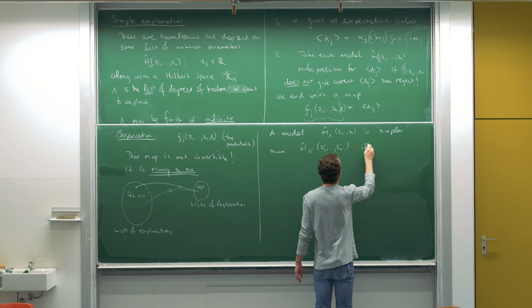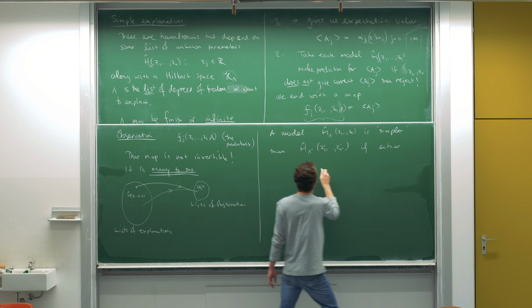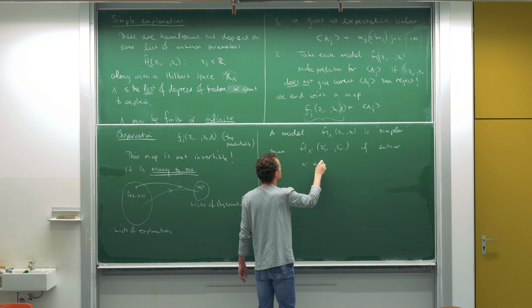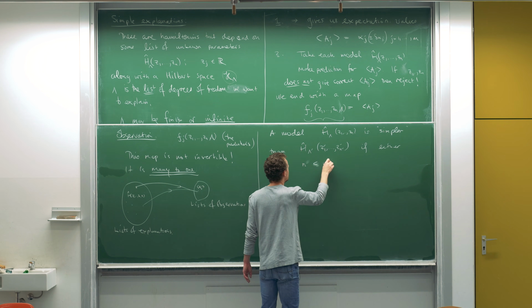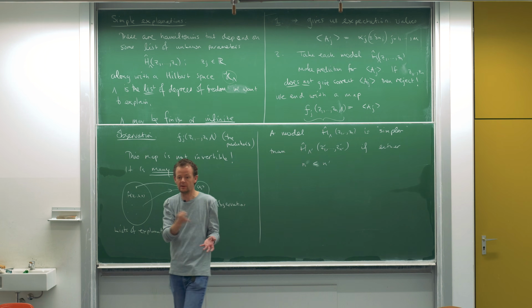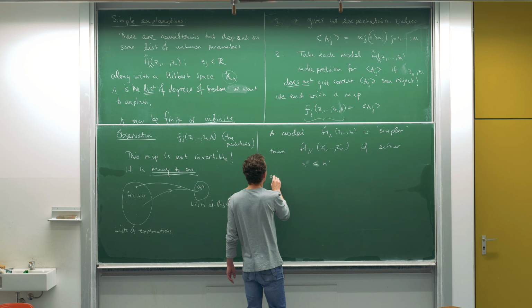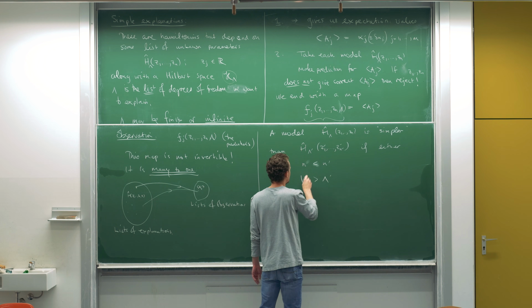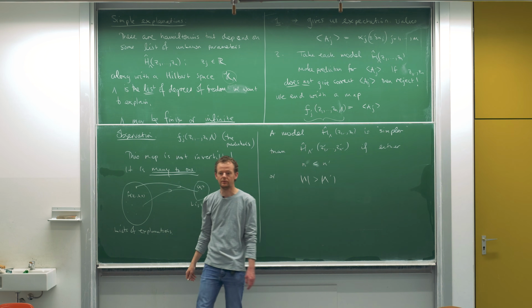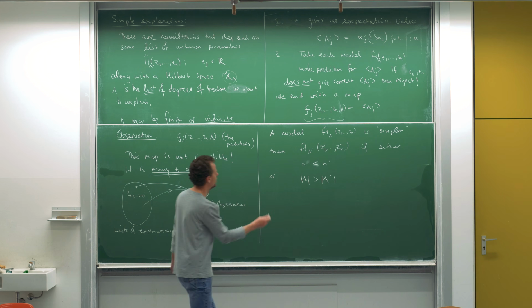If either n prime is actually bigger, so n is less than n prime, so it requires a fewer number of parameters to describe everything, or it applies to more degrees of freedom, so the size of the set of degrees of freedom that the explanation pertains to is bigger, or both, right?